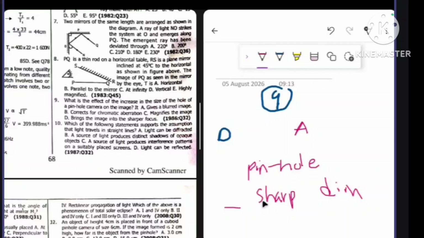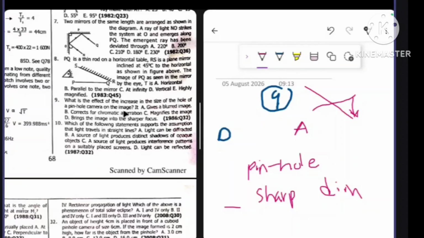The hole has to be so small that as the light comes inside, it will be constricted, and that's why you now have a smaller image. We saw that it is upside down. So we have a sharp image, but due to the constriction of the rays, it will be sharp but dim. But here they asked what will be the effect if the size of the pinhole is increased.